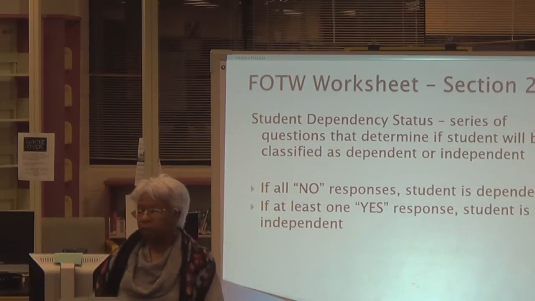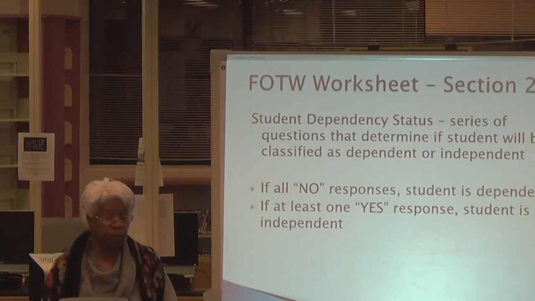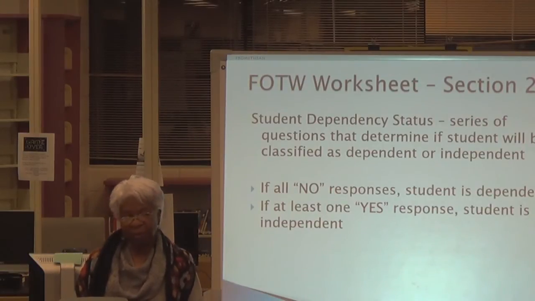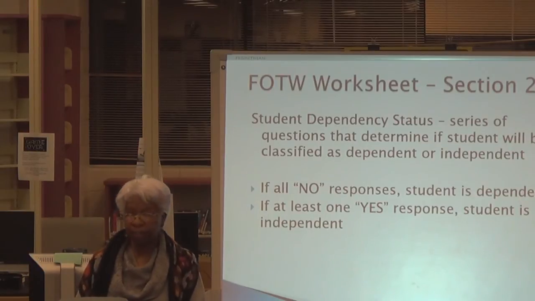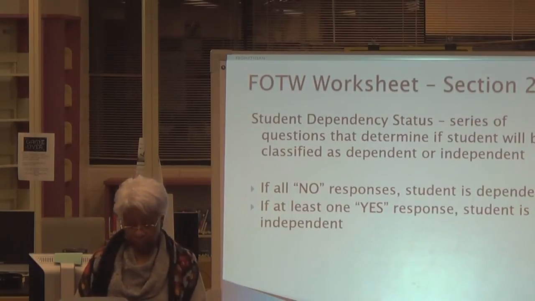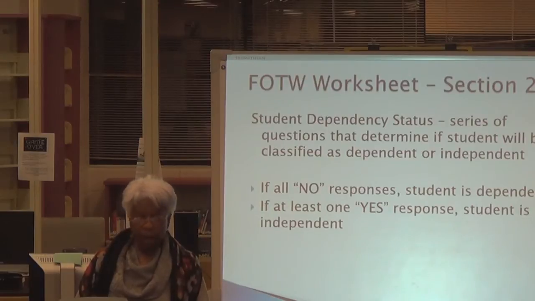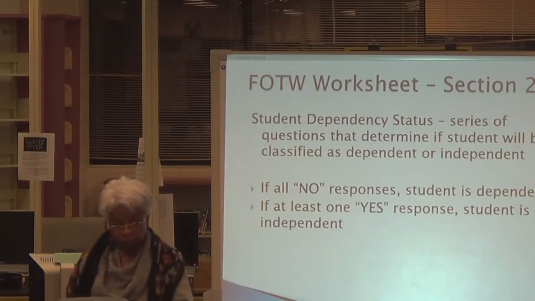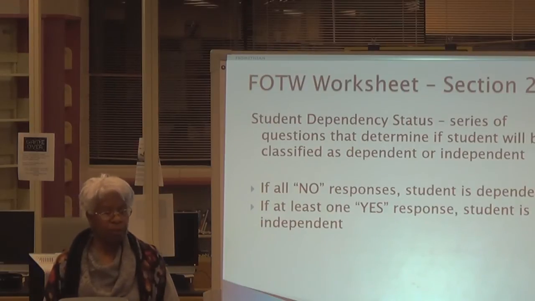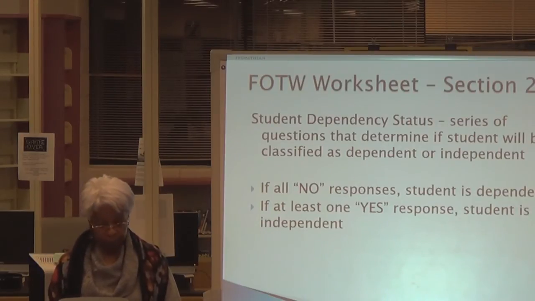Those are people who are over the age of 24, and I don't think I have any students in this group who are over the age of 24. Those are people who are married and people who have children and they provide over 51%, and people who are in graduate school or military service, that sort of thing. So the majority of the students in this room are going to be considered dependent.